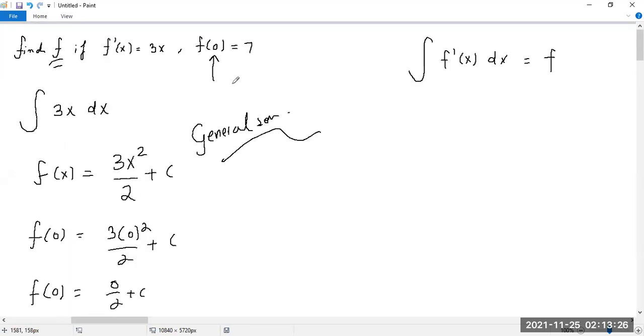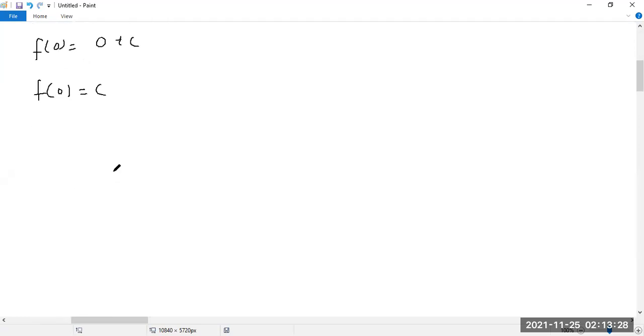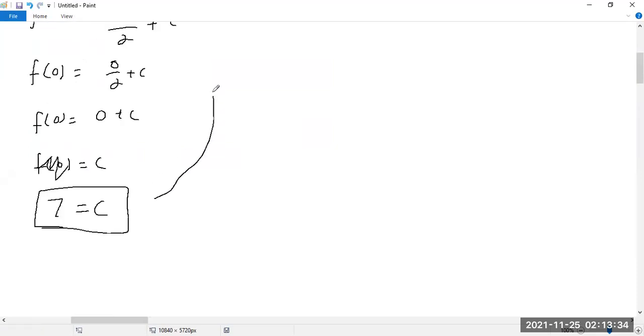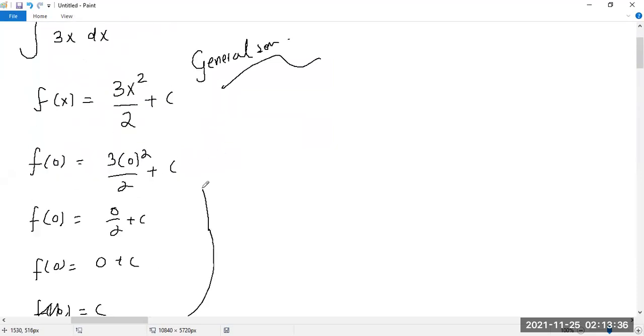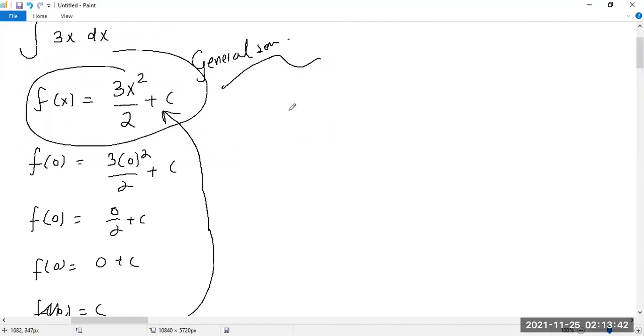And we know that f of 0 is 7. So we replace this with 7, and then we get that 7 equals c. So we can go back here and say this was our general solution, but our specific solution is f of x equals 3x squared over 2 plus 7.